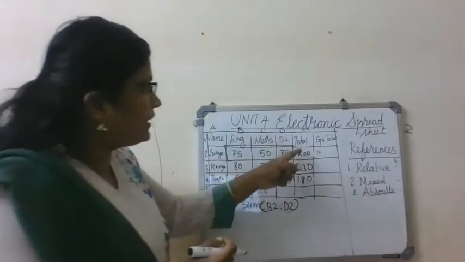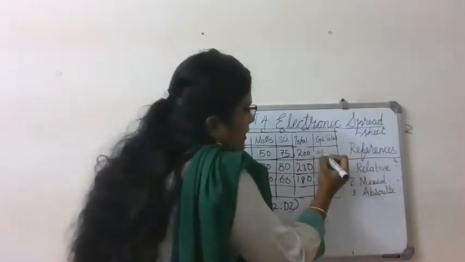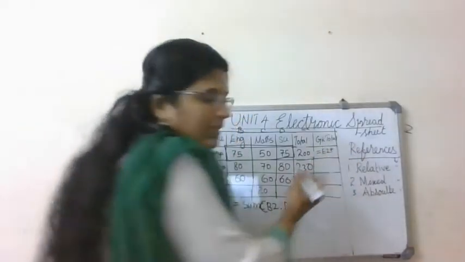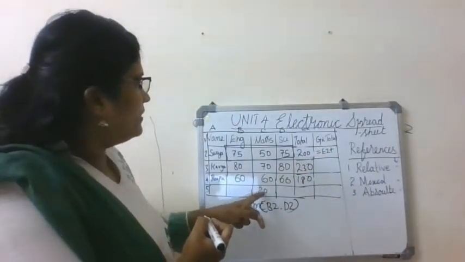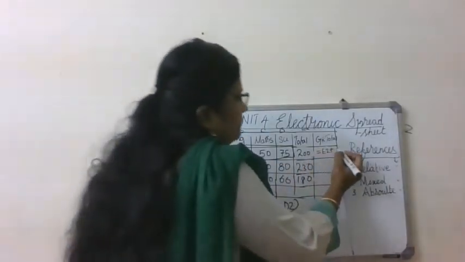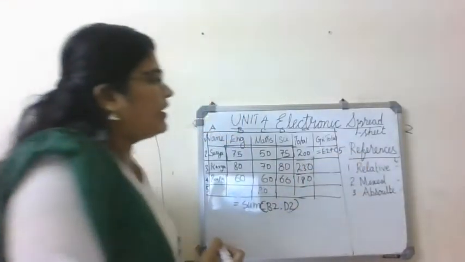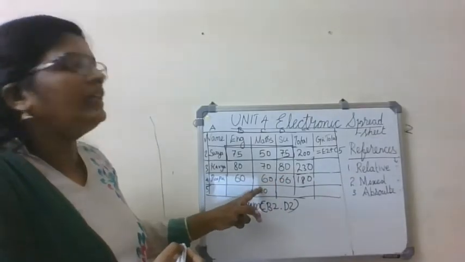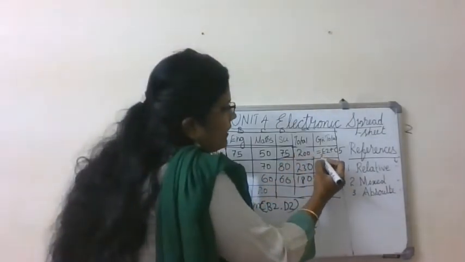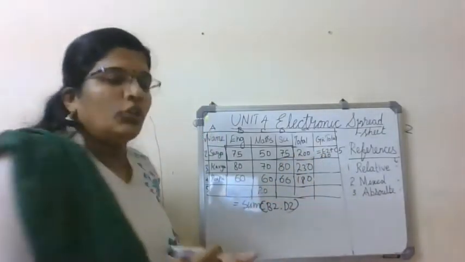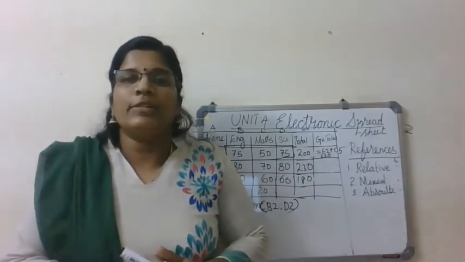Total is in E2, so E2 plus C5. What is the answer? 200 plus 20 is equal to 220. I will get 220.